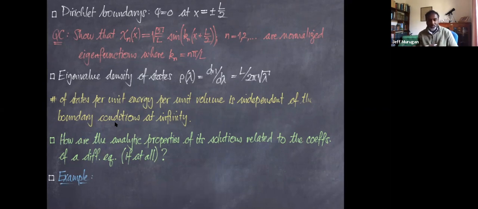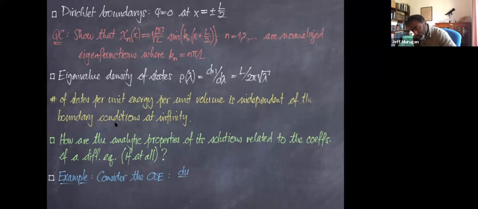So I want to consider a very straightforward differential equation, which you can all by now solve in your sleep. So let's consider the first order ordinary differential equation, let's say du/dx equal to u squared.